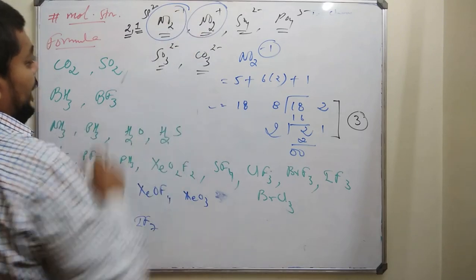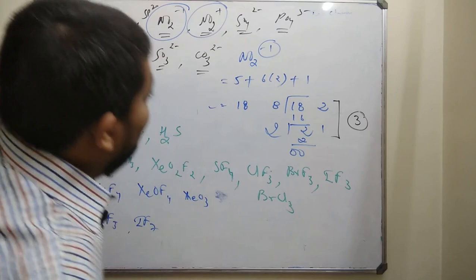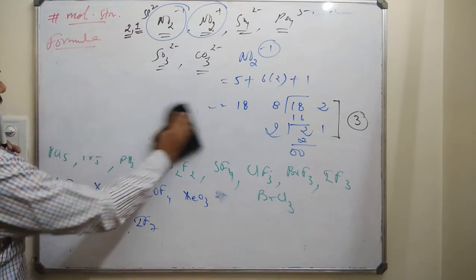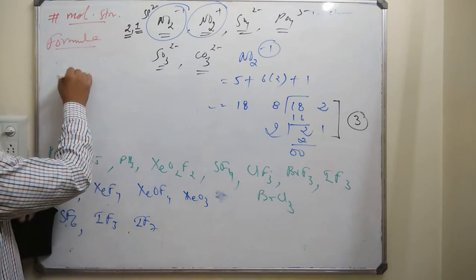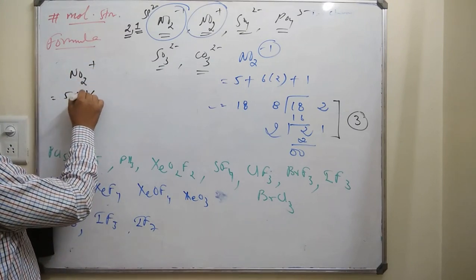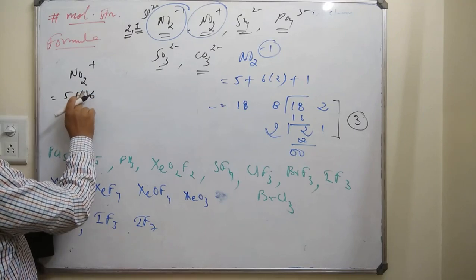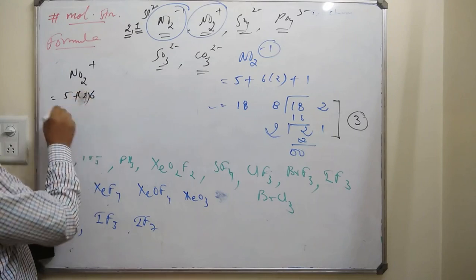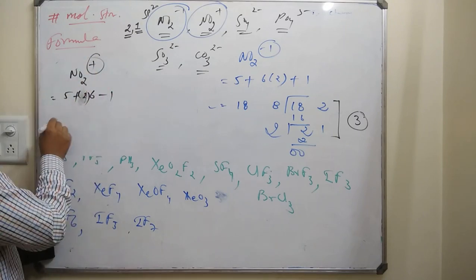Now let us go for NO2 plus. Let us check what will happen when you have NO2 plus. You have 5 from nitrogen, 6 from each oxygen and 2 such oxygen, minus 1 because it's a plus charge.